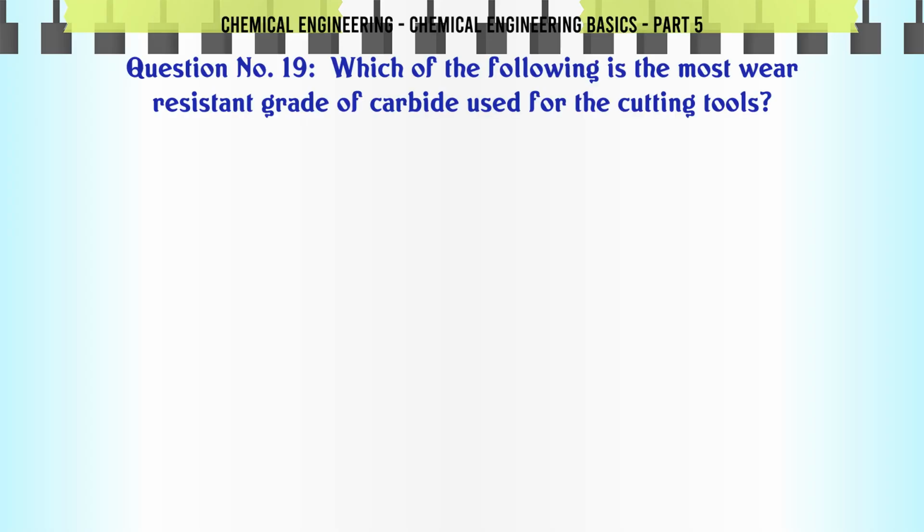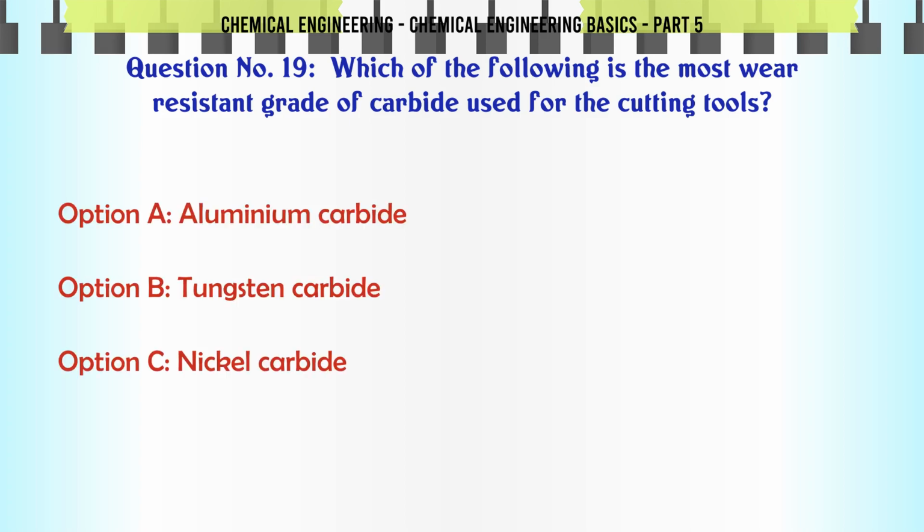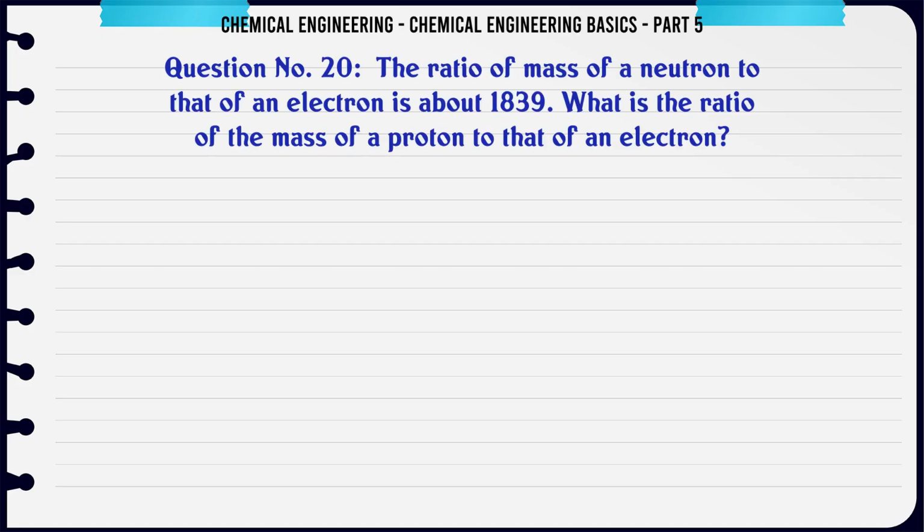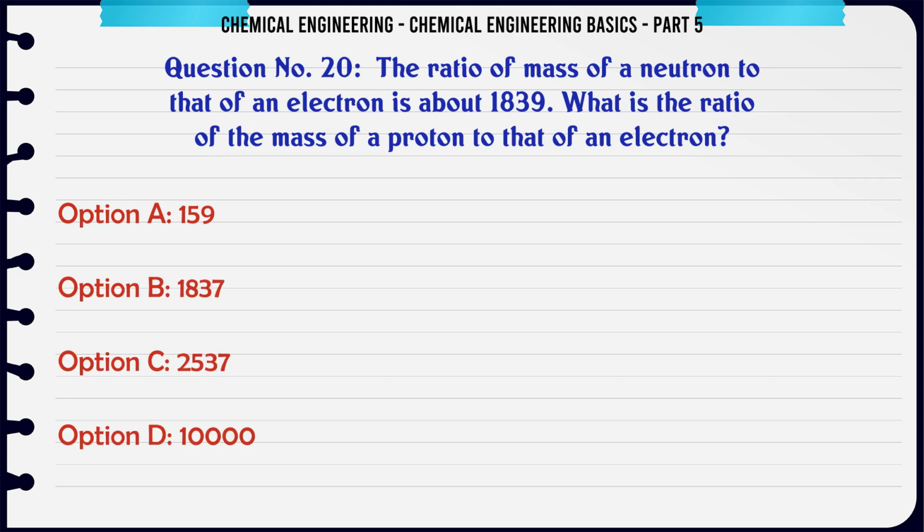Which of the following is the most wear-resistant grade of carbide used for the cutting tools? A. Aluminium carbide. B. Tungsten carbide. C. Nickel carbide. D. Iron carbide. The correct answer is tungsten carbide. The ratio of mass of a neutron to that of an electron is about 1839.